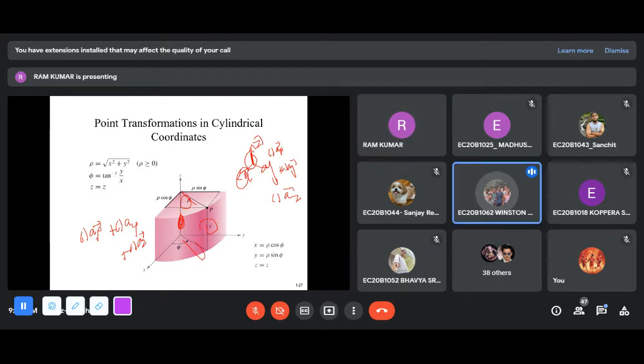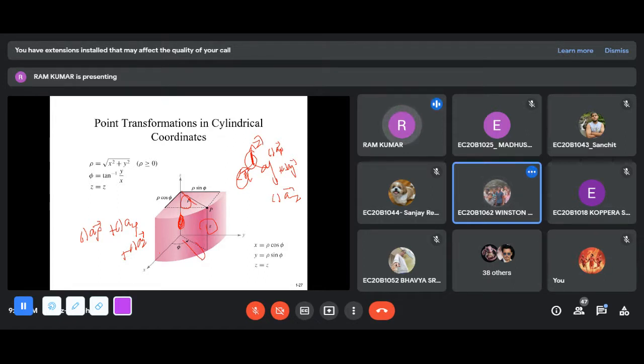Sir, there can never be an electric field which is only along that angle component, no, sir? I don't understand how we physically think about something being in the direction of an angle. How is the dot product between this angle unit vector and the rho unit vector?